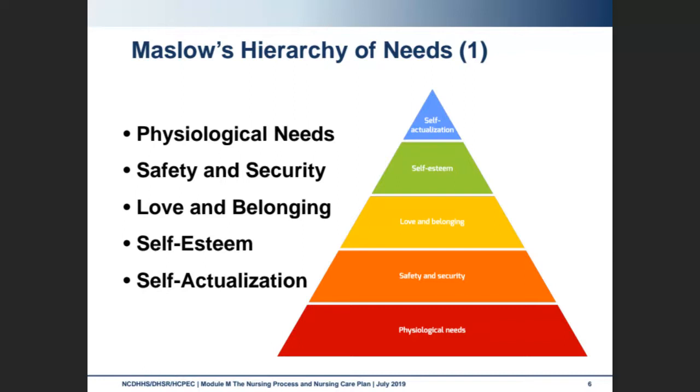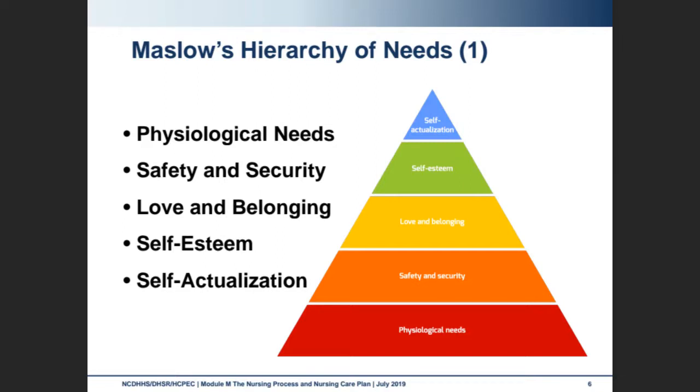Self-esteem, that's when we feel accepted. We feel a sense of control or empowerment over our own bodies, our own mental well-being as well. Self-actualization. A good way to describe this may be like spiritual growth. It's being able to feel that we've met our maximum potential, okay?